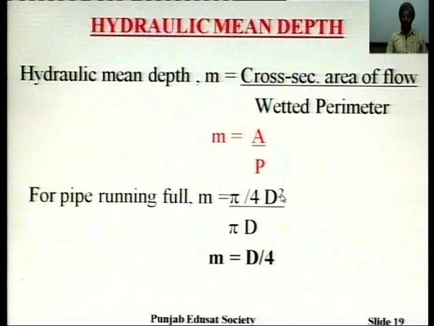So, cancelling d with d and both the pi's, we remain with the expression d upon 4. So, finally, for a pipe running full, the hydraulic mean depth is given by the diameter of the pipe upon 4, or 0.25 d, one and the same thing.